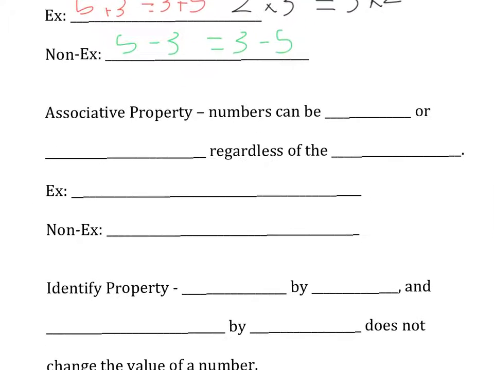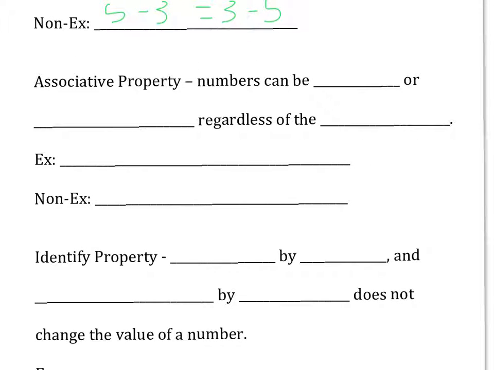Now let's look at the associative property. This means that numbers can be added or multiplied regardless of the parentheses.